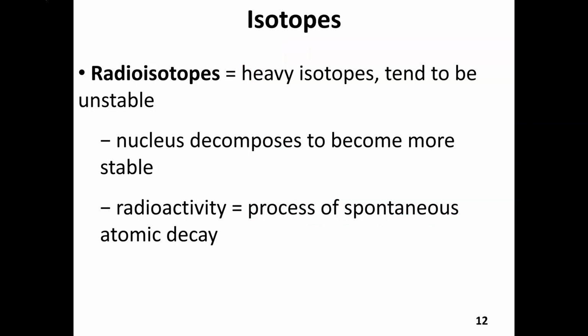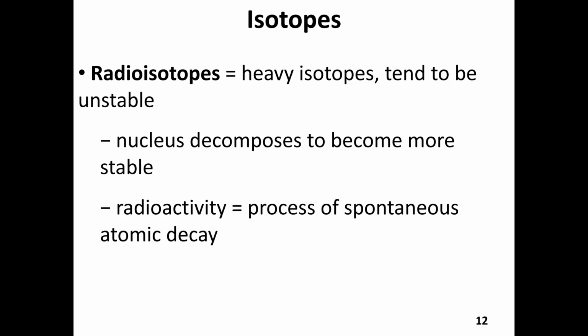Radioisotopes then are the heavy isotopes that tend to be very unstable, and they are in general going to be decomposing very quickly to a more stable atom. Every single human has radiation in them, and all materials can potentially be slightly radioactive just because atoms are constantly deteriorating to a more stable form.